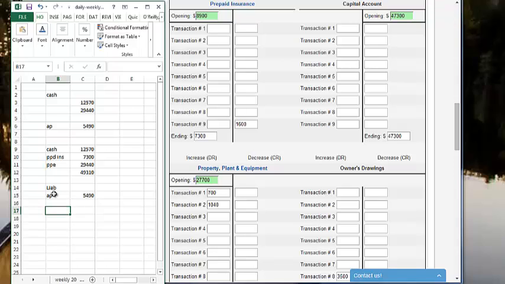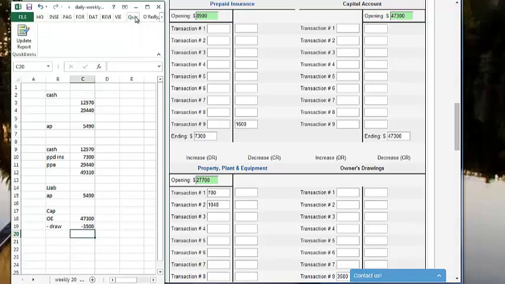And in our capital accounts, we have owner's equity of 47,300 minus our drawing account. That is a contra account, and it is a reduction of owner's equity, minus 3,500. So now if I add this up, I'll cross my fingers here.